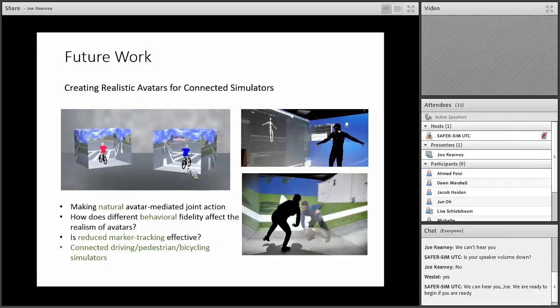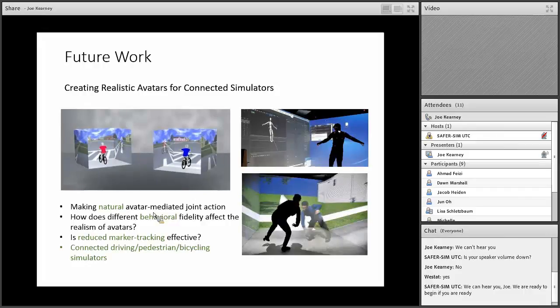And so we can place people in bodysuits, track their motions, and generate an avatar that mimics their behavior in another simulator. So we're interested in determining how to make natural avatar-mediated joint action to determine what the level of behavioral fidelity, how accurately do we need to track the motions of the participants in order to get realistic interactions.